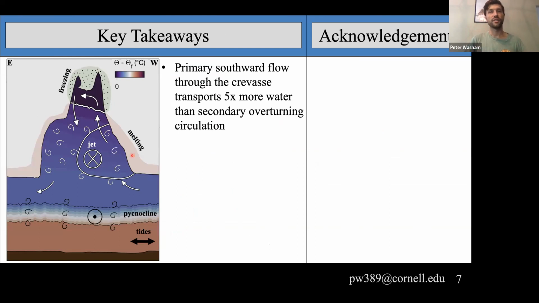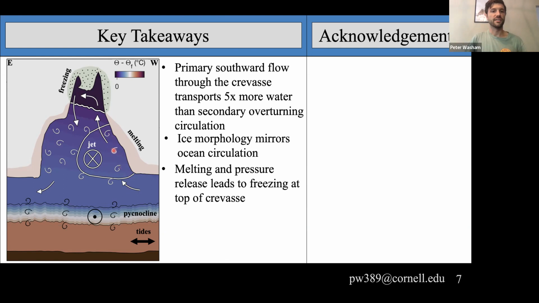Those features take probably about 3 months to form. So this is not an ephemeral feature. This is what it's telling us. From this, we can tell that it's a persistent feature, and it's moving most of the water through the crevasse versus this overturning circulation.